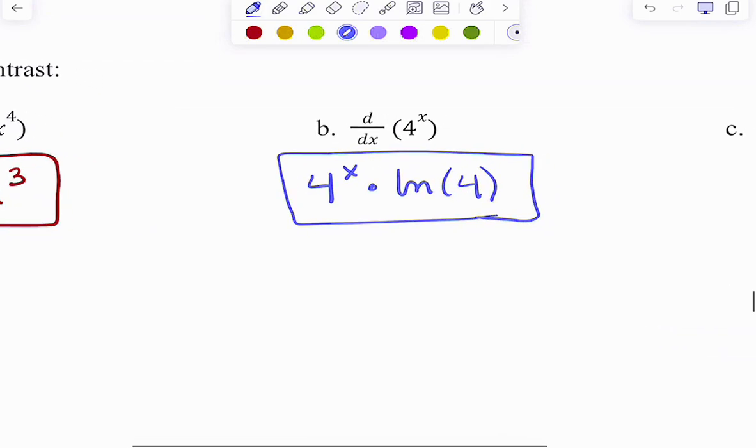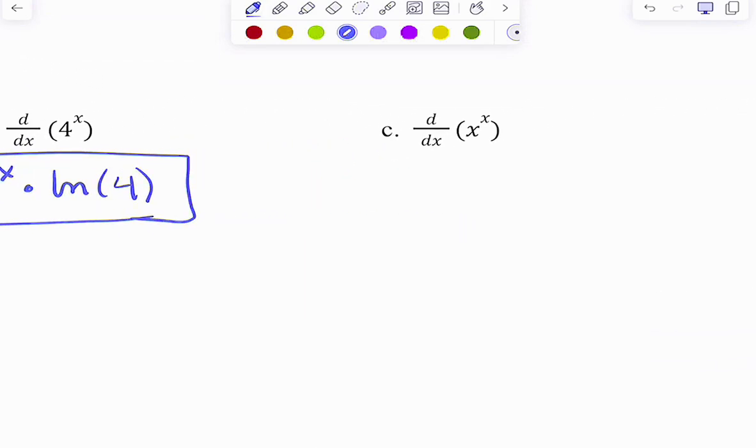Okay. What about this? I mean, we're going to have to power rule, but wait, we can't because it's x times x to the x minus 1. Wait, why not?